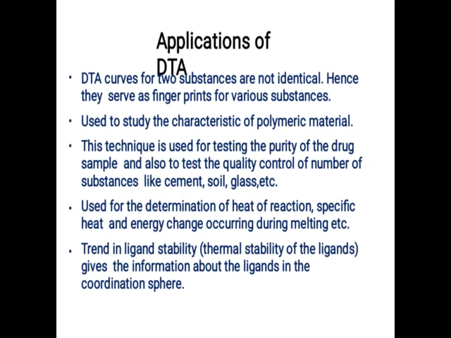So if we have to find out which substance a curve belongs to, we can compare the curve with the standard curves, and with the help of comparing we can come to know which substance has this type of DTA curve.